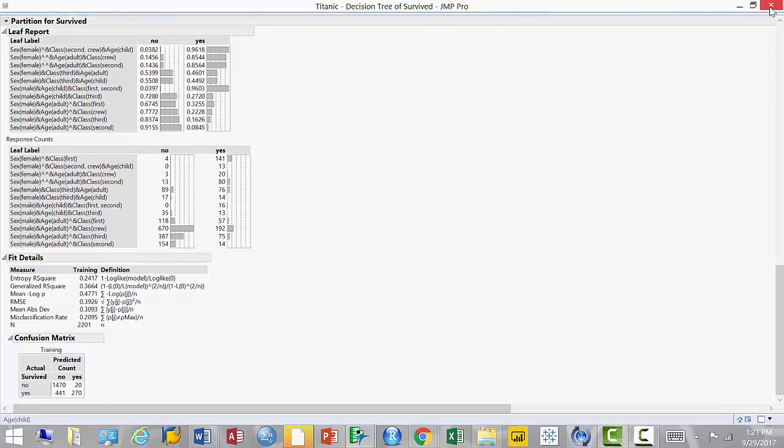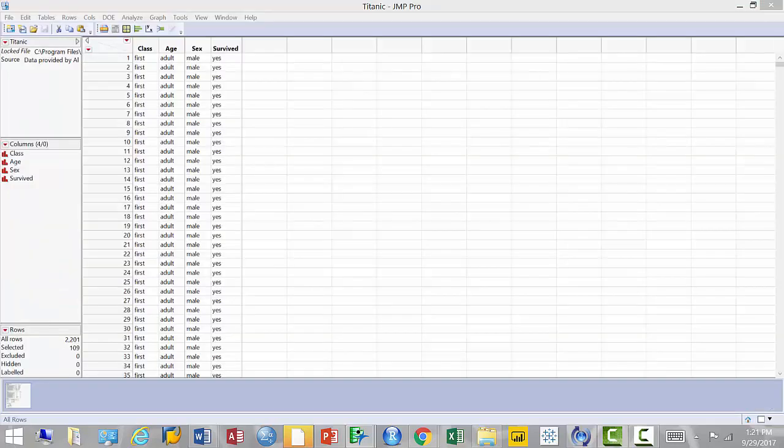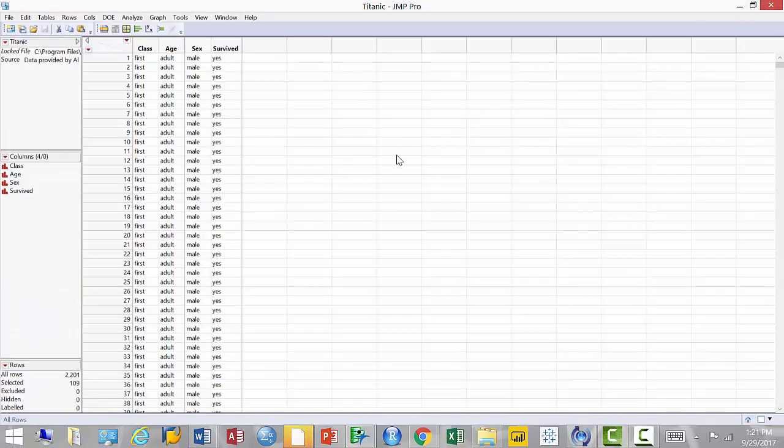So what I want to illustrate next is, tell me, ladies and gentlemen, what was the type of my predictors and the target variables? All of them were categorical, right?